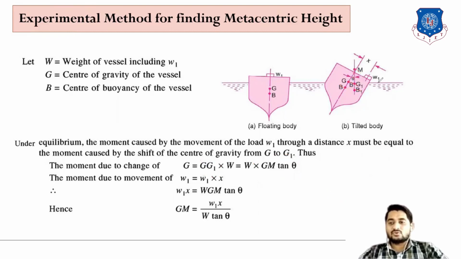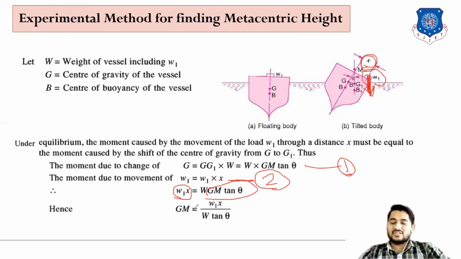Then the moment due to the small force W1. Here weight W1 is acting in the downward direction and the perpendicular distance is x. So W1 into x. This is our equation number 1, the resultant force moment due to weight, and this is the small force moment, equation 2. We have to balance all those force moments. That means W1 into x is equal to W into GM tan theta.